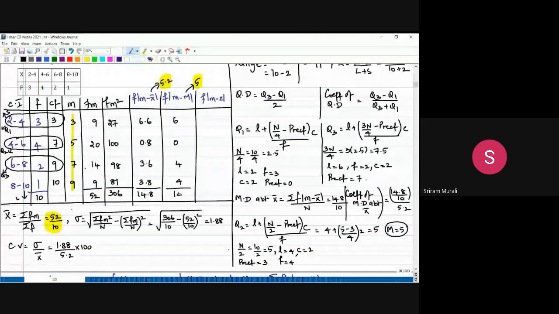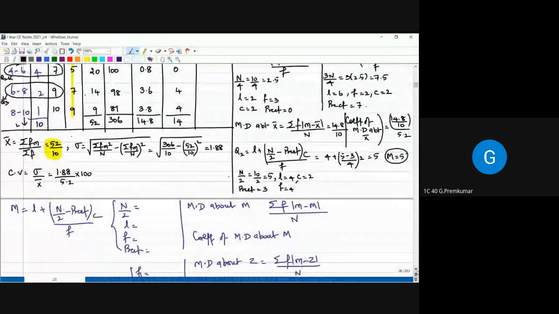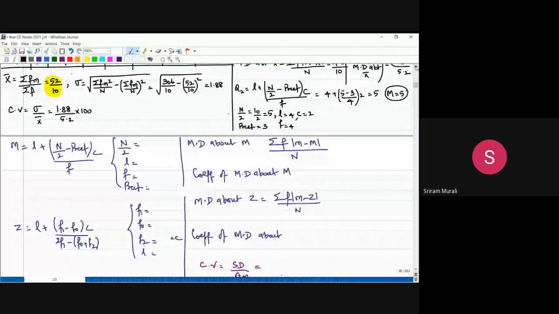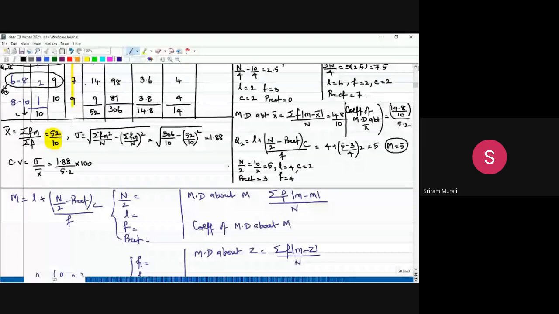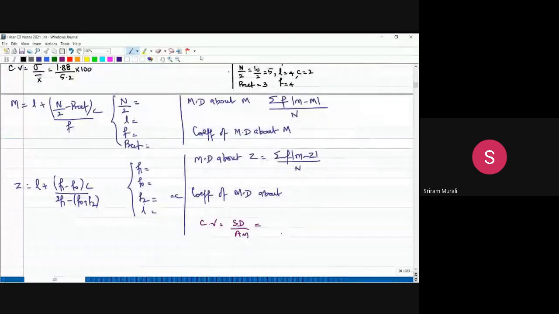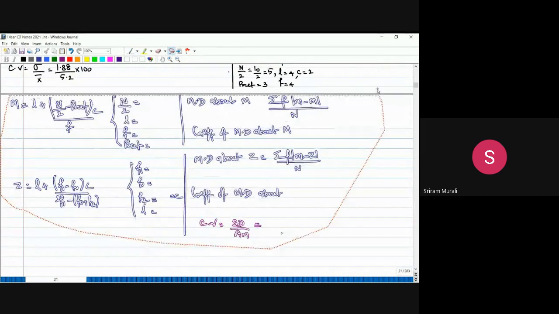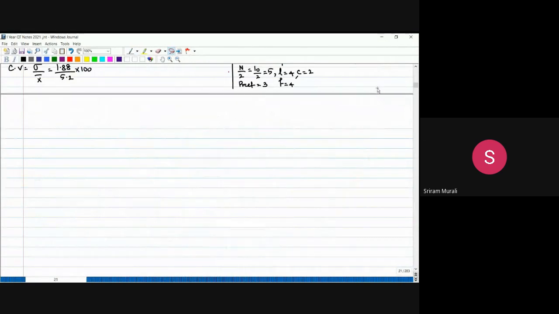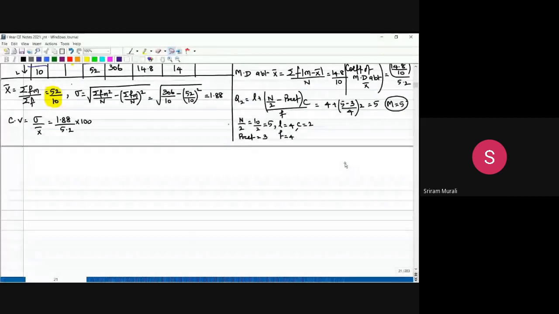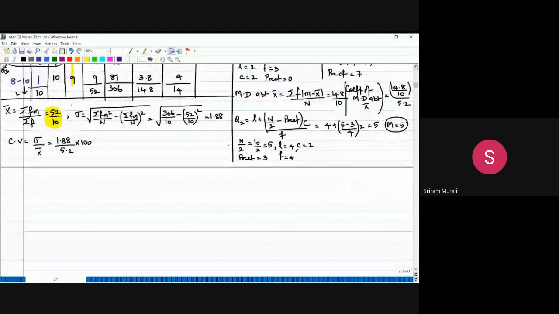So MD about median is sigma f into m minus M by n.